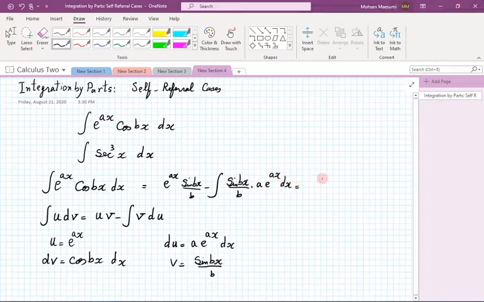Let's rewrite this in a more civilized fashion: exponential of ax sine of bx over b, minus a over b, which I can take outside because these are constants, times the integral of exponential of ax sine of bx.